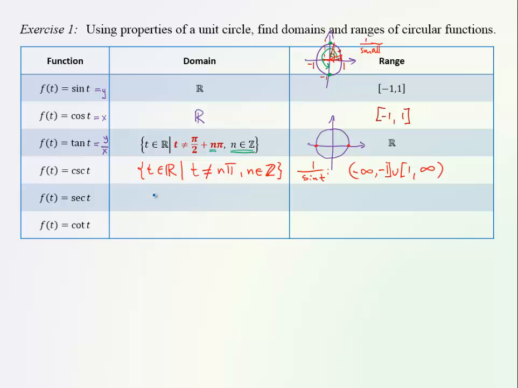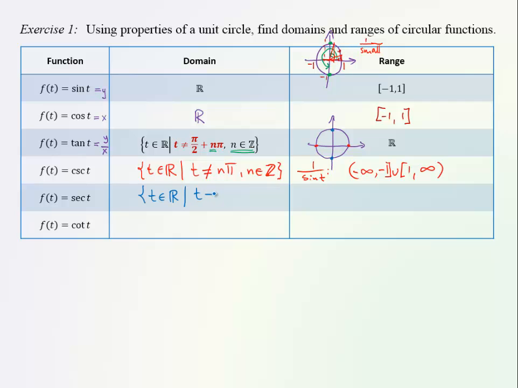Secant can be analyzed very similarly as 1 over cosine. So we need to get rid of points that will make the x-coordinate 0. But the x-coordinate is 0 at these angles. That means at pi/2 and then plus any multiple of pi.